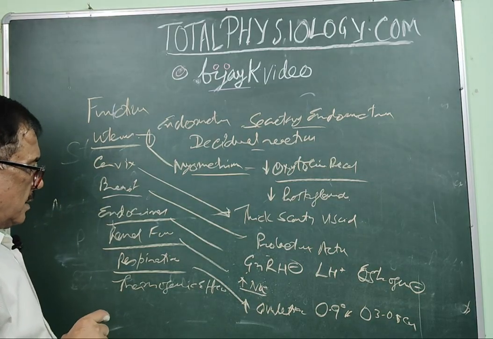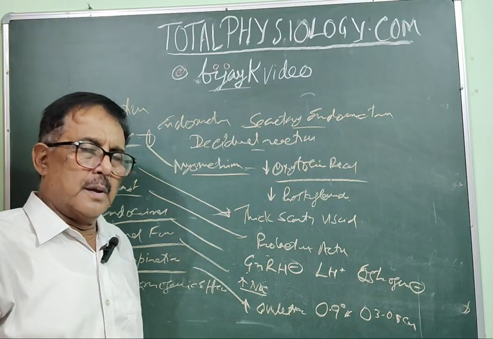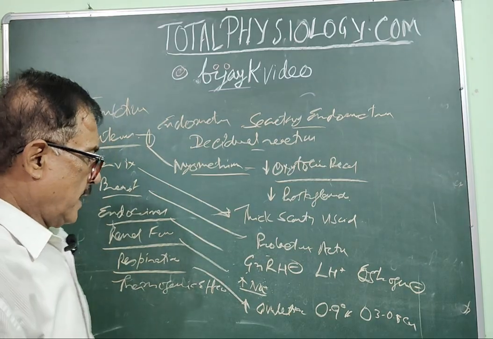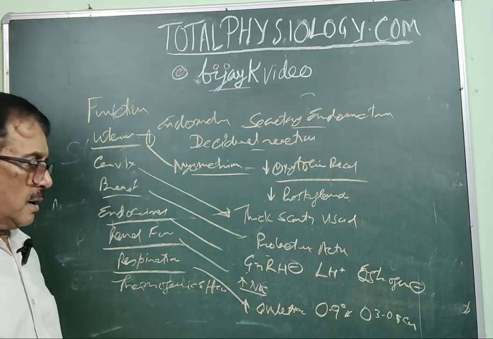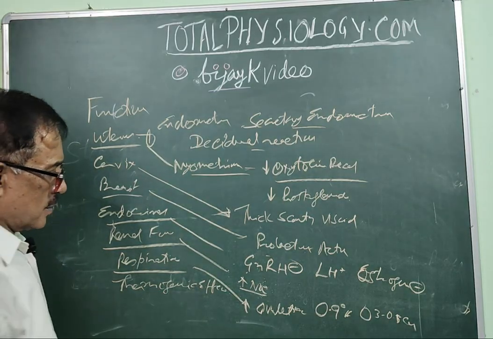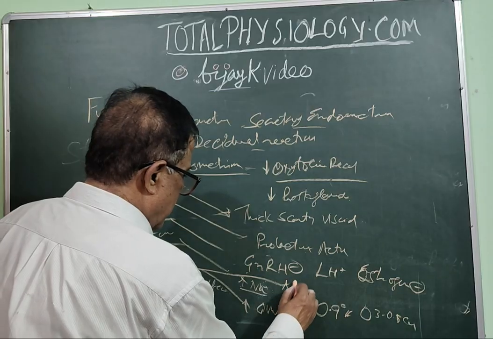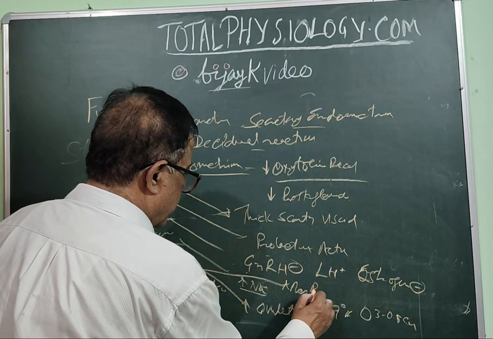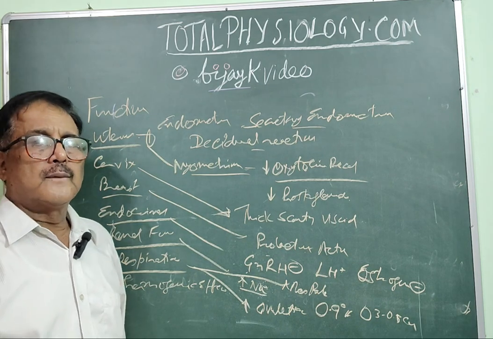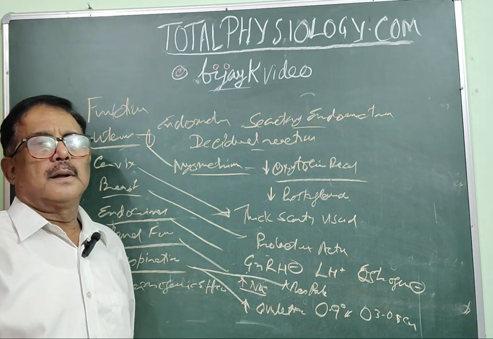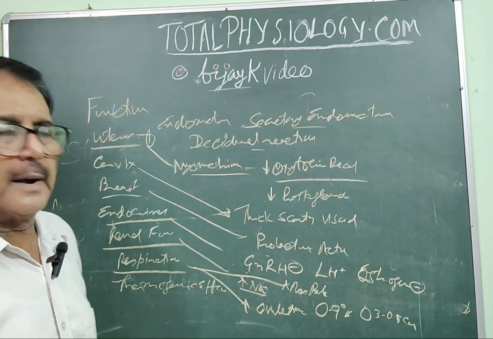On renal function, it causes increased sodium loss in urine. On respiration, it increases respiratory rate due to carbon dioxide stimulation; it increases sensitivity to carbon dioxide.